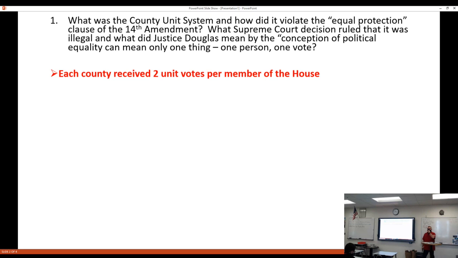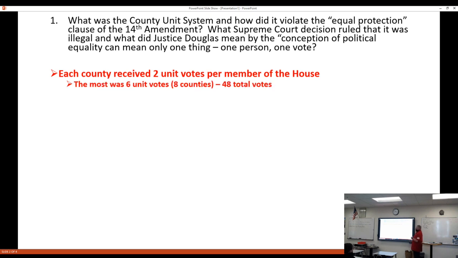I would describe what the county unit system was, a system of electing officials where each county received 2 unit votes per member of the House. So if you had one member in the House, how many unit votes did you get? 2. Pretty simple, right?